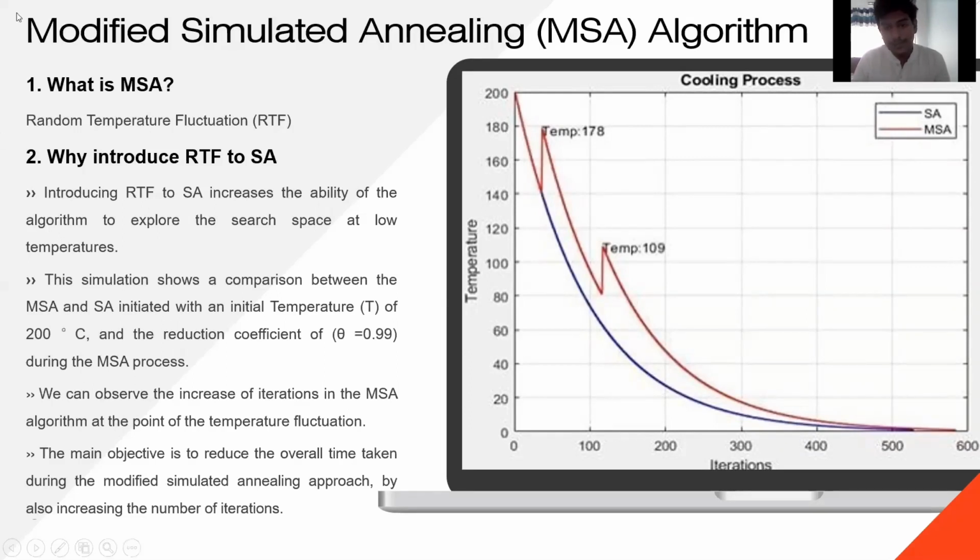As you can see here in blue, the standard simulated annealing algorithm temperature curve, while the red line is the MSA curve, and you can see here the two temperature fluctuations we have given. Also, this experiment was carried out at 200 degrees Celsius, and the reduction coefficient for this temperature curve was 0.99 as shown here.